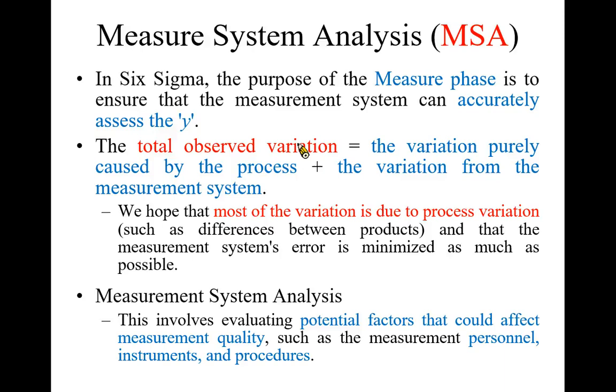The second part is the variation coming from the measurement system. We hope most of the variation is from the process. We don't want the variation from the measurement system to be too big. So we have to understand the potential factors that can affect the measurement quality, such as personnel, instrument, equipment, tools, and the procedure.